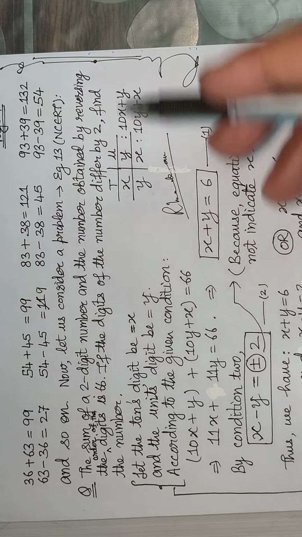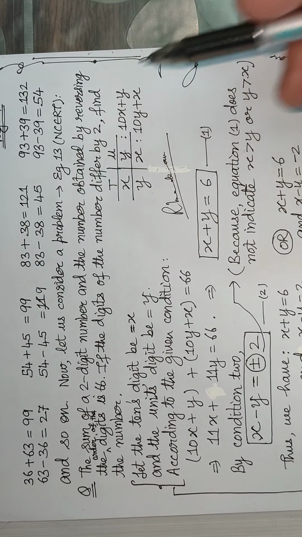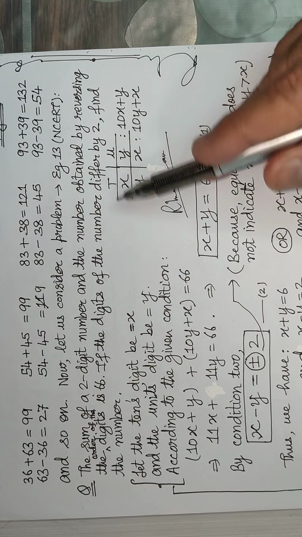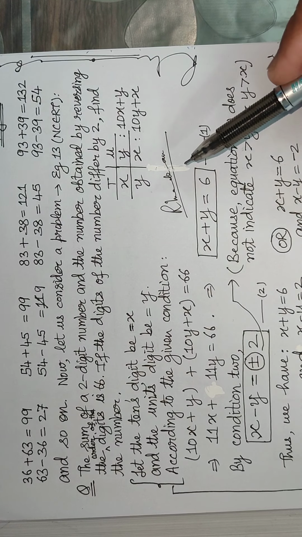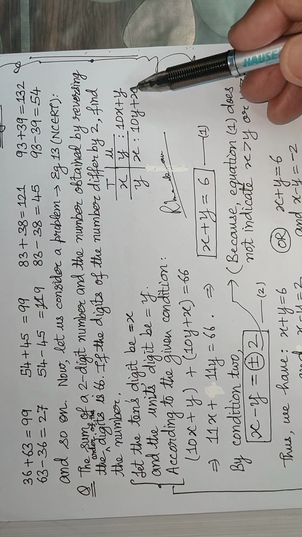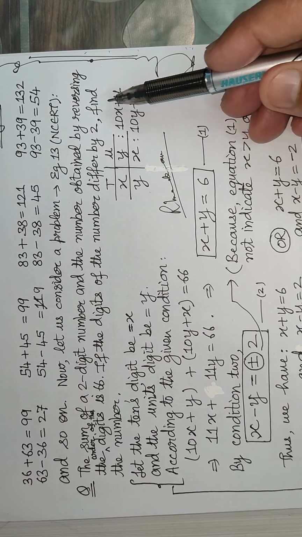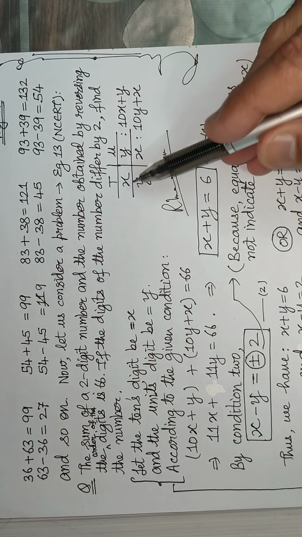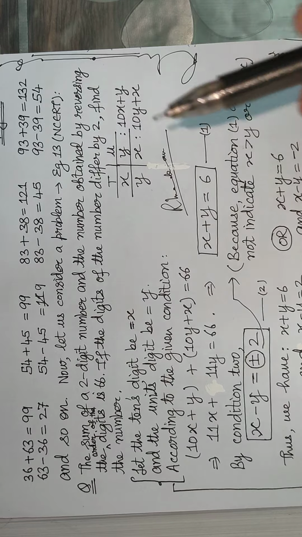Now, whenever I attempt such a question, in the rough margin, I write the unknown numbers in this fashion.